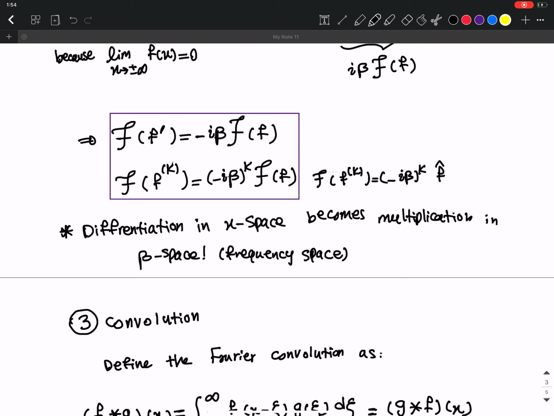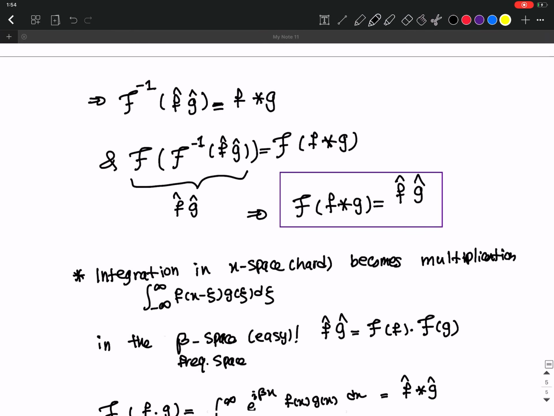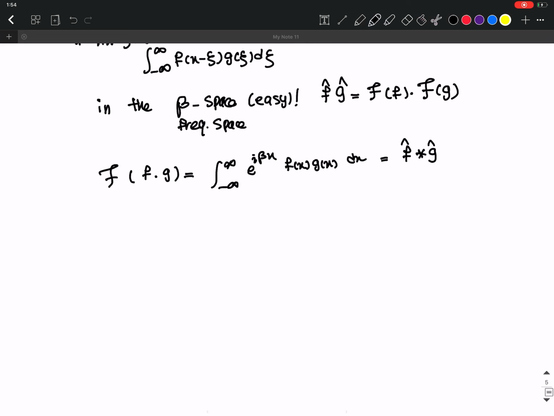So integrations and differentiations in the x space will be reduced to multiplication in the Fourier space, and so they will become easier to solve in the Fourier space.